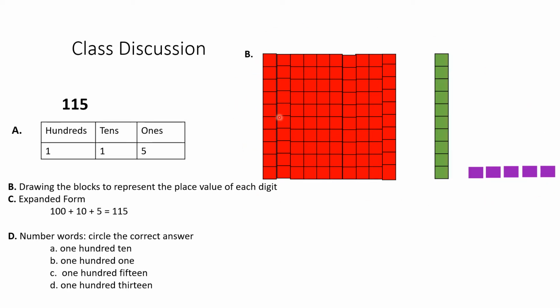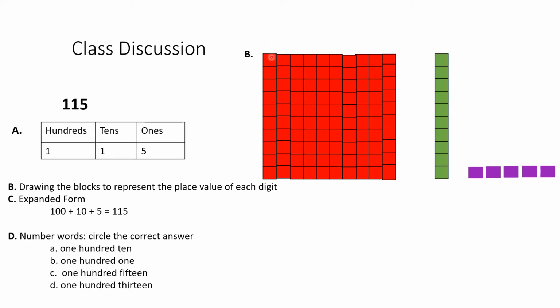Here we have 100. Remember that 100 is basically one whole line of 10 times. So here we have 1, 2, 3, 4, 5, 6, 7, 8, 9, 10. Here we have one whole block of 10, and we basically draw the blocks 10 times.